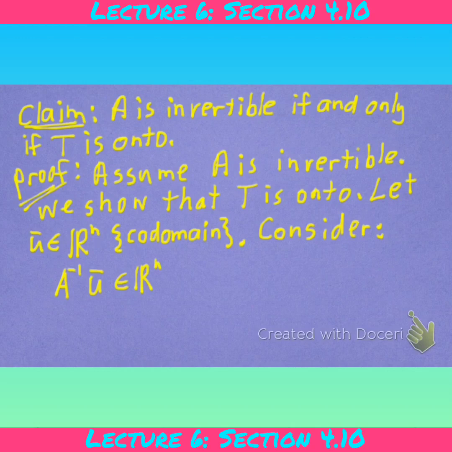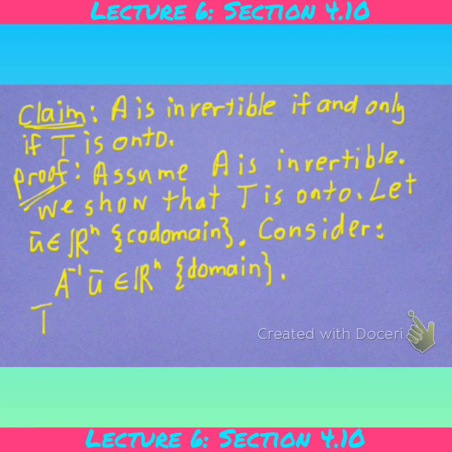If you take an n by n matrix and multiply it with a column vector with n rows, you're going to get a vector in Rn, and that is the domain. That point is clearly in the domain.